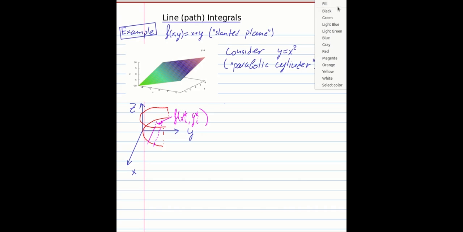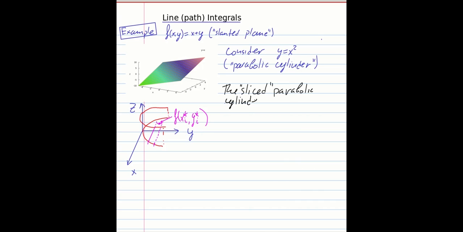So we can say that the sliced parabolic cylinder forms a curved wall.